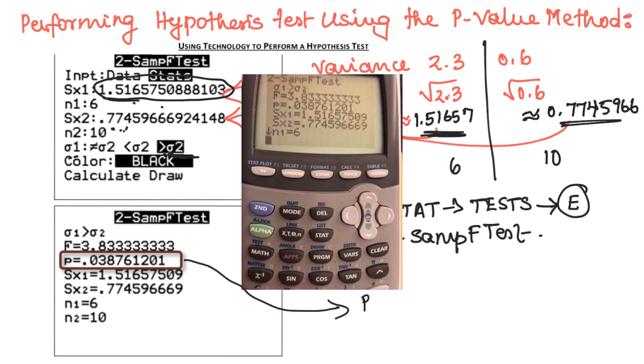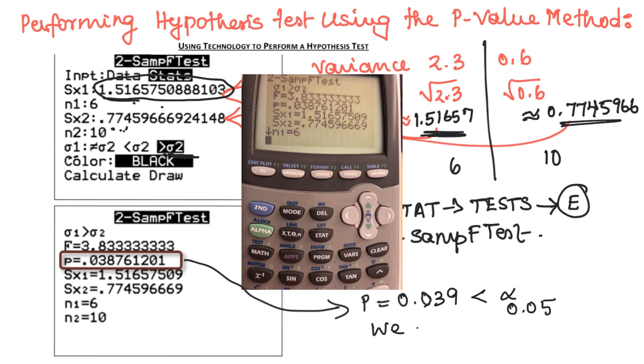The p-value is 0.038. If you round it to 3 decimal places, it is 0.038, which is less than alpha.